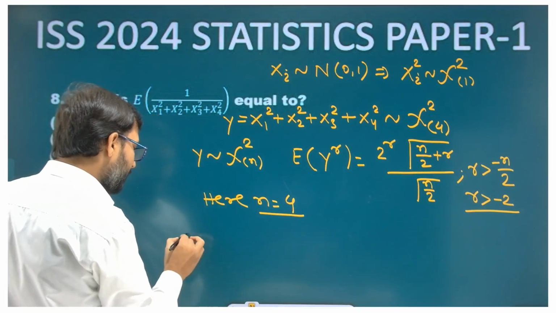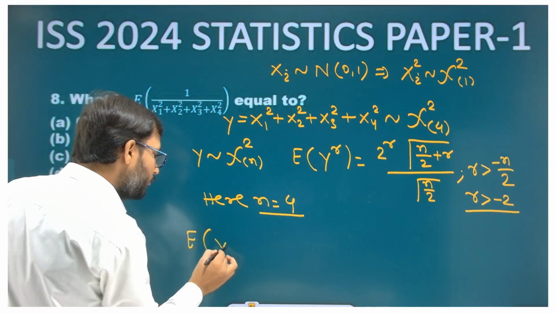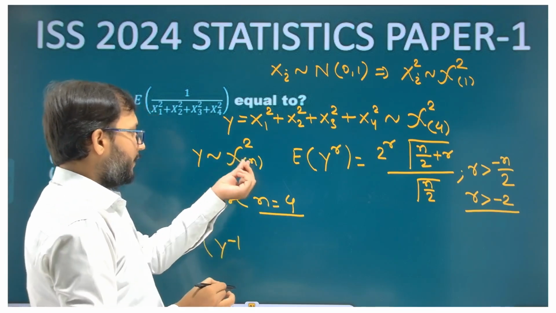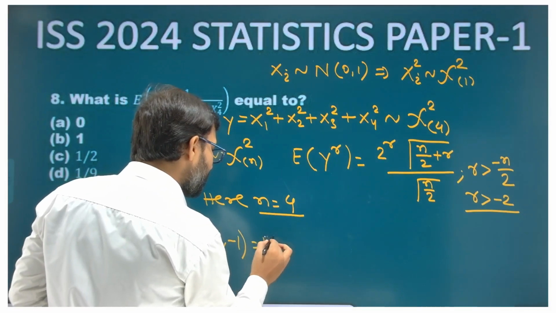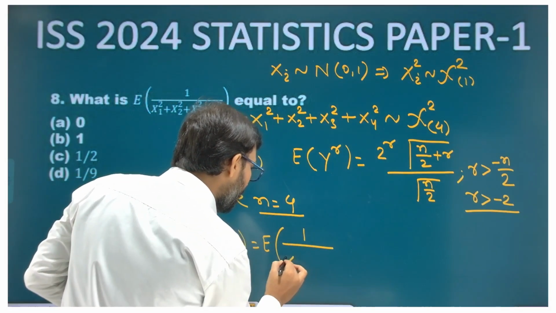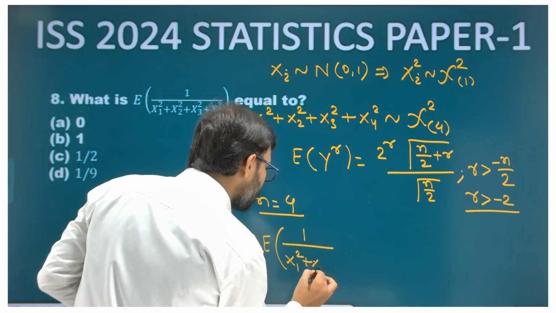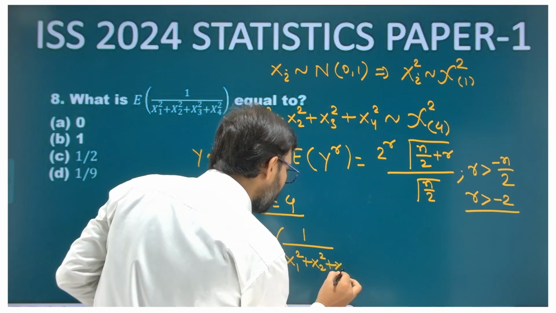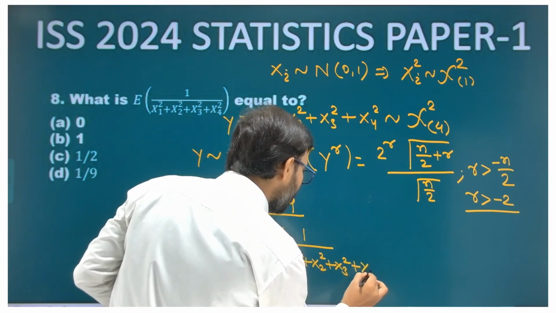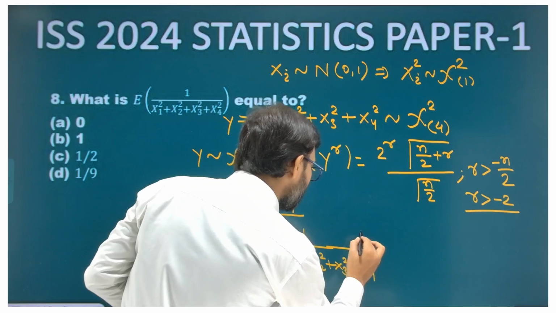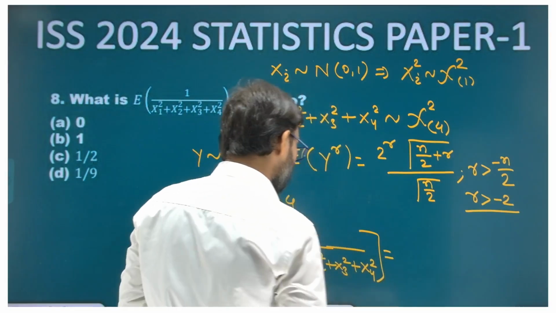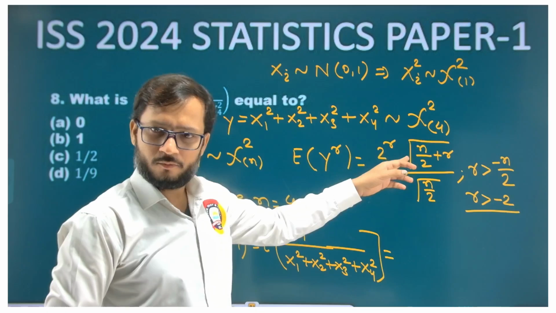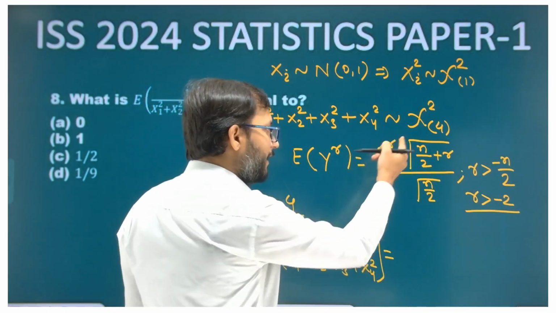So if I write expectation of y to the power minus 1, at the place of r I have written minus 1, which I can write as expectation of 1 upon x1 square plus x2 square plus x3 square plus x4 square. And this will be equal to, just put r equal to minus 1 and n equal to 4.